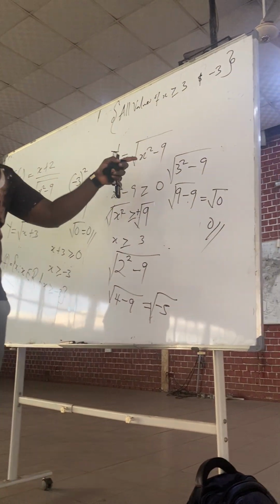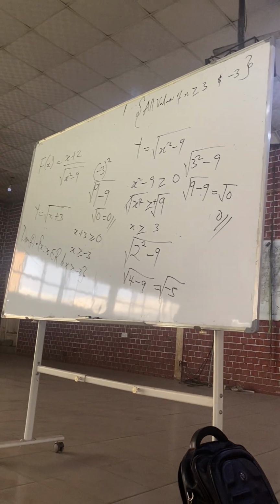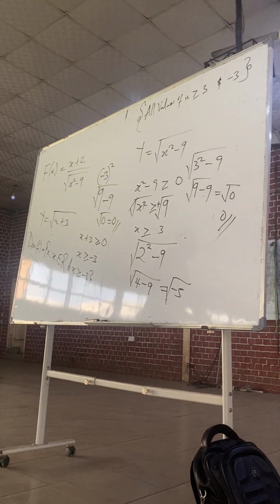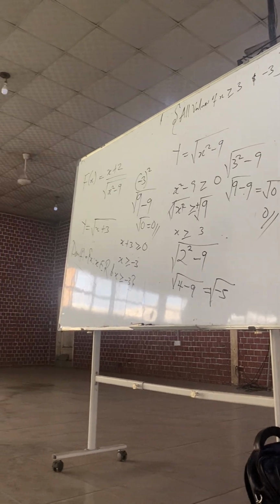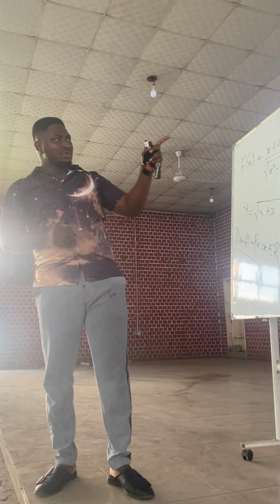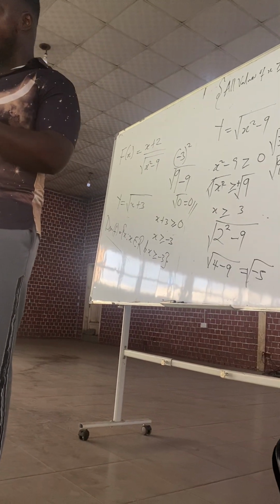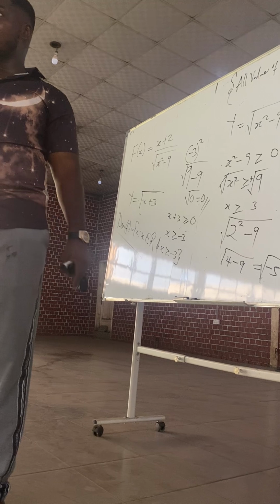That means for you to be in the domain of this function you must be equal to 3 or greater than 3. If you are less than 3, you cannot be in the domain. The only number less than 3 that can be in the domain of this function is who? Minus 3. And you know why? Because minus 3 times minus 3 is positive 9, and 9 minus 9 gives you 0. Yes.